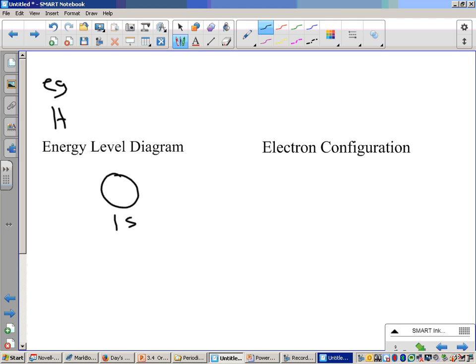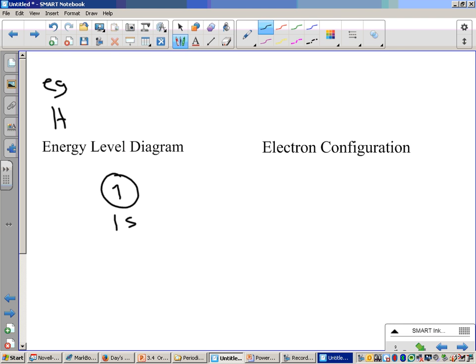Notice how now I put 1s there instead of just s. And how many electrons do I have to put in a hydrogen atom? 1. So this isn't very exciting because all I have to do is put 1, and I've started at the bottom. That's the energy level diagram for hydrogen. That's essentially like a Bohr diagram with 1 ring and 1 dot, except here it tells us that we've got 1 electron in the 1s orbital.